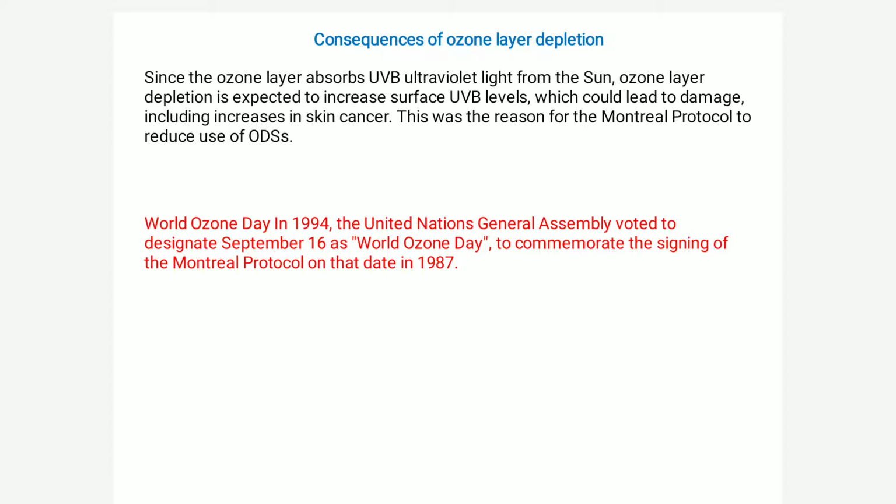That was the treaty in the Montreal Protocol, that the countries signing the treaty will be reducing their use of ozone depleting substances.